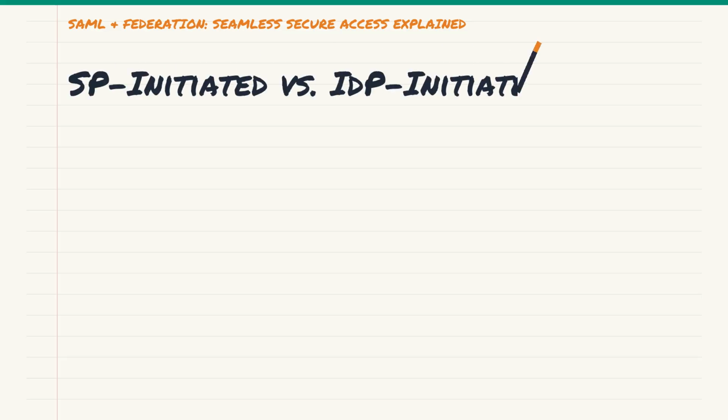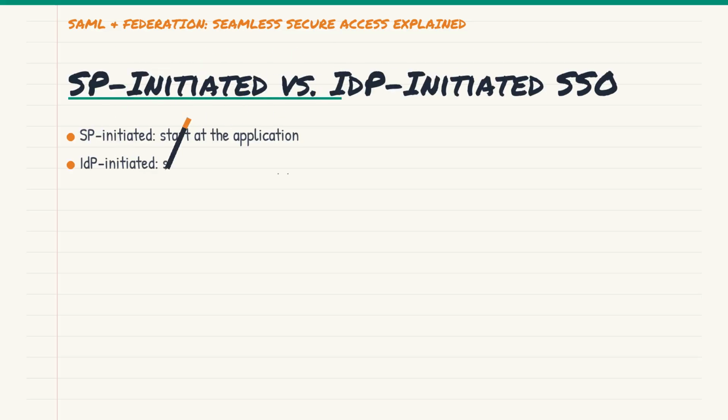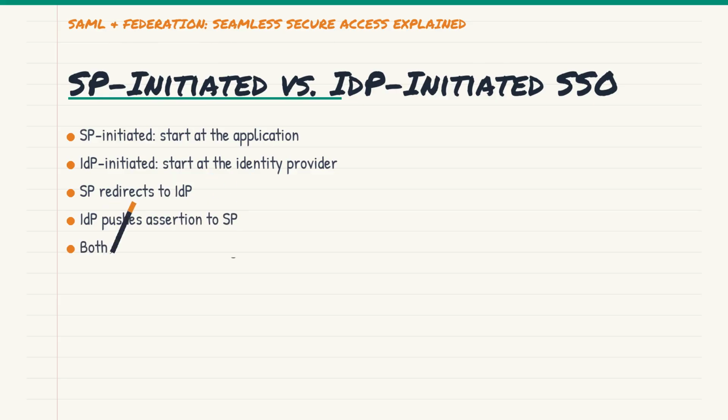There are two main ways this SAML dance can start. SP-Initiated SSO is what we just described. You go to the application, the SP, first. The SP then kicks off the process by asking the IdP for authentication. IdP-Initiated SSO is a bit different. Here, you might go directly to a portal provided by your IdP, like a My Apps dashboard.